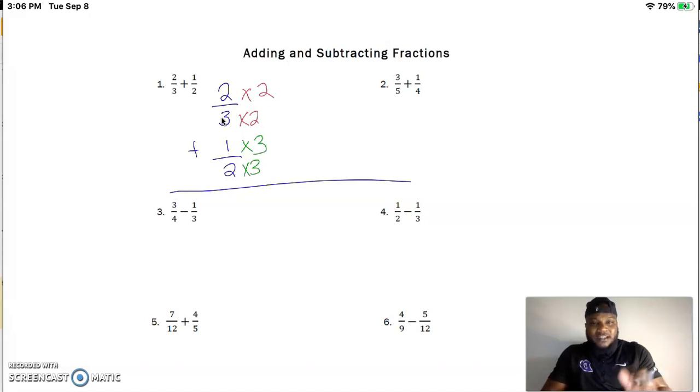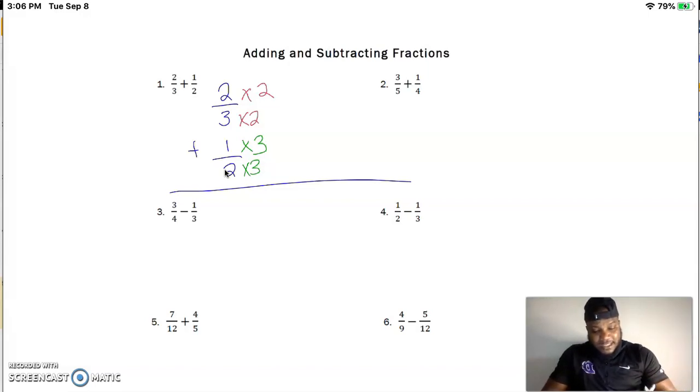Now, if you take a look at our denominators, they have the same problem now: 3 times 2 and 2 times 3, which is tomato, tomato. Same thing, just written differently. That's going to cause us to come up with the same denominator. That's why we multiply by the opposite fraction's denominator.